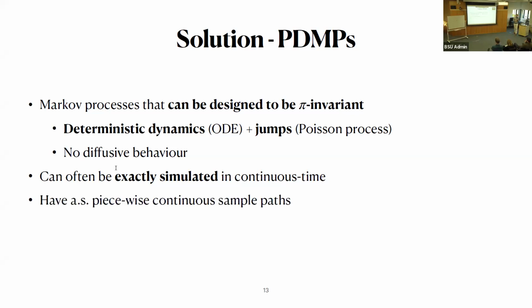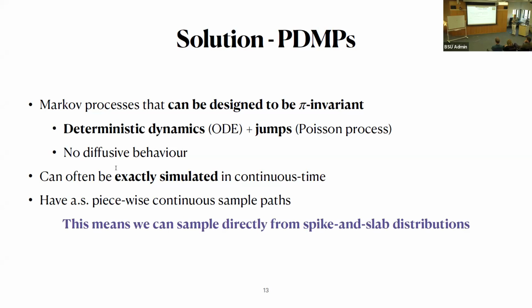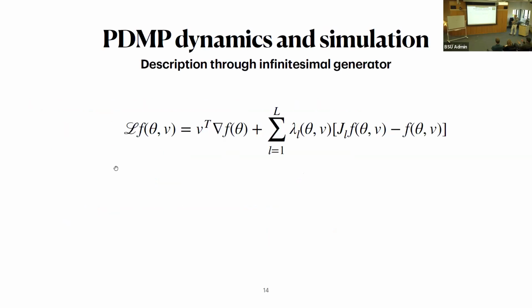And you have this almost surely piecewise continuous sample path. This is a really important part, and I'll show the picture of why this is. Basically, because of this, you can sample directly from spike and slab distributions. You're moving in a continuous path. And so if you want to travel from the negative to the positive side of your parameter space, you're going to have to cross 0 exactly. So when you hit 0, you can choose to stay there for a bit, right?